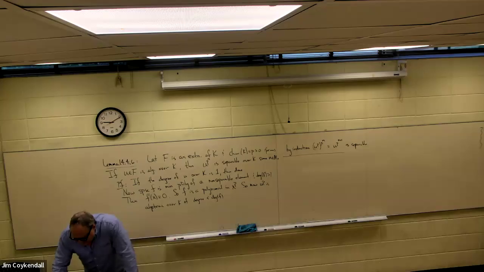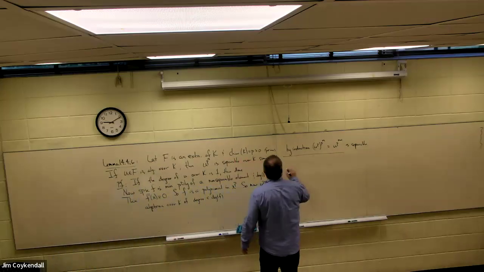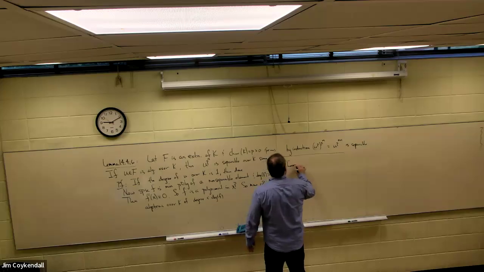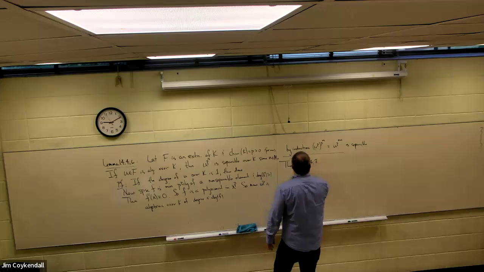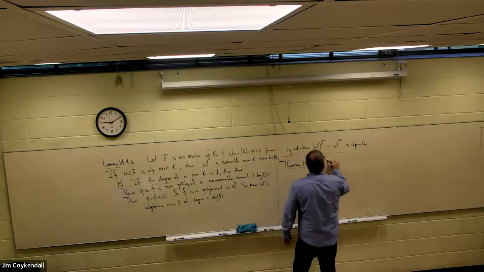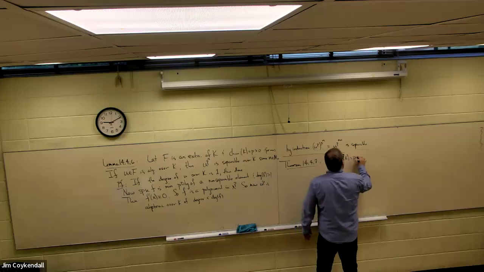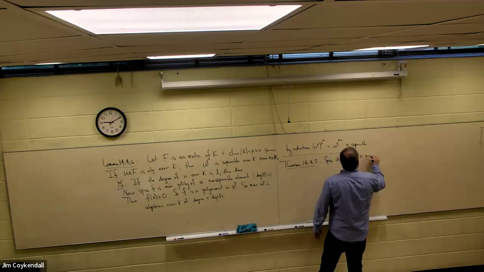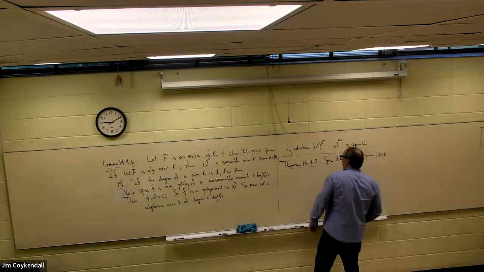Let F be an extension field of K, and here we're going to have the characteristic of K being prime. Suppose the characteristic of K equals p, prime, and K is contained in F. The following are equivalent.